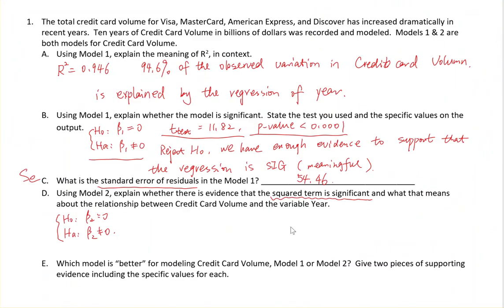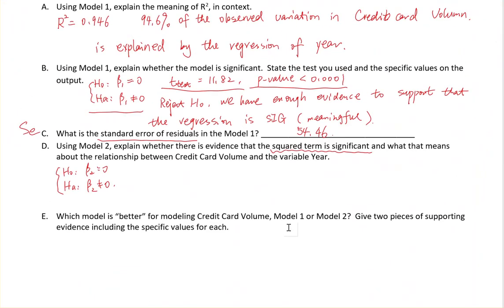All right, so you have the corresponding t-test statistic, which is 7.55. You have the corresponding p-value is also very small, 0.001, I think, right? So what is our conclusion? We say the same thing, right? So we reject the null hypothesis.